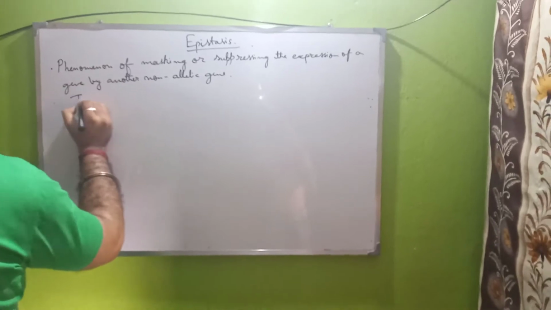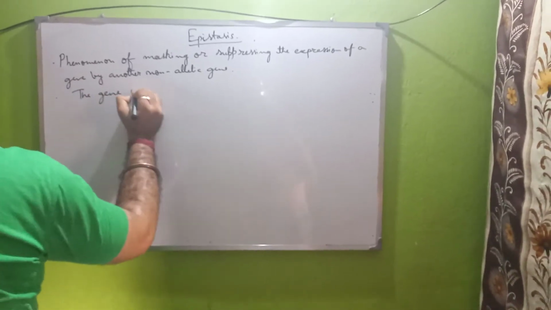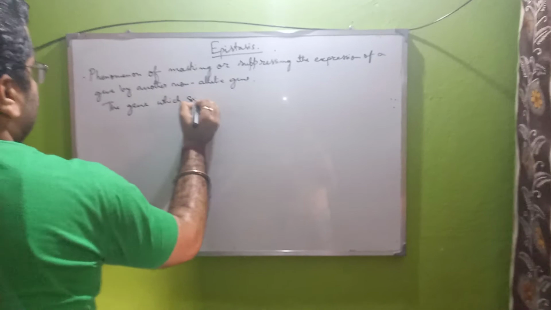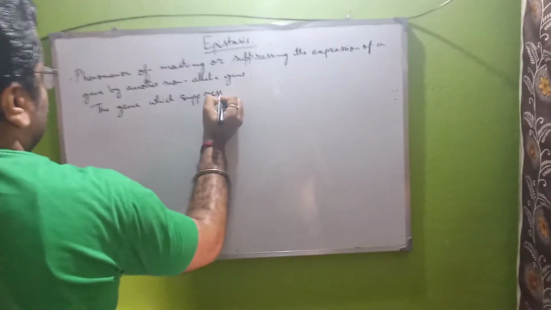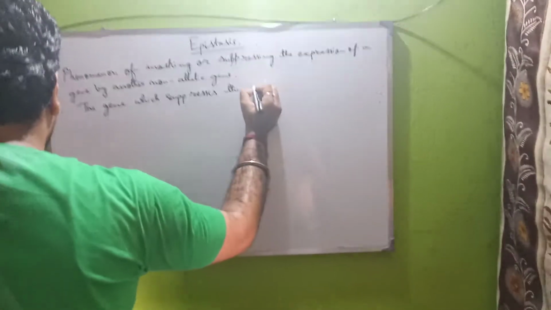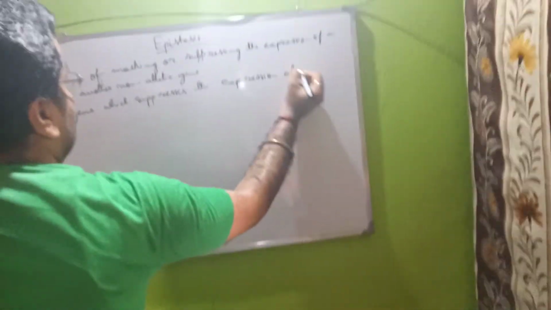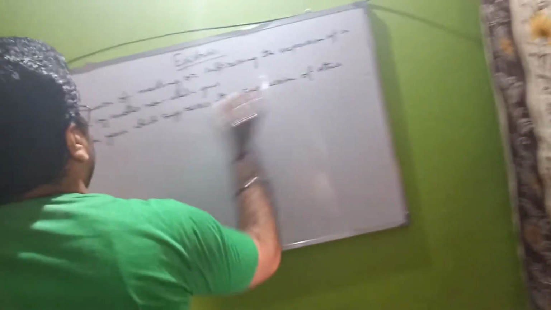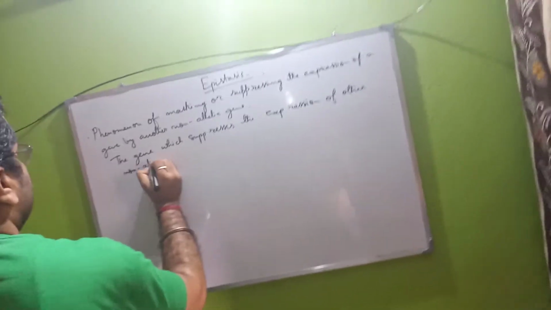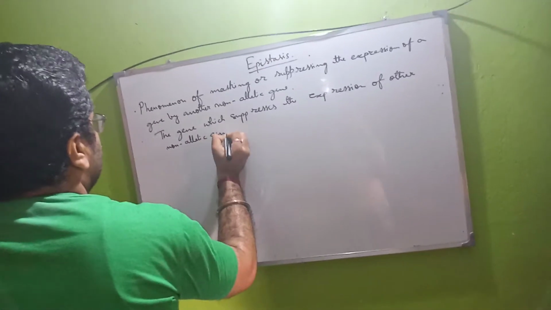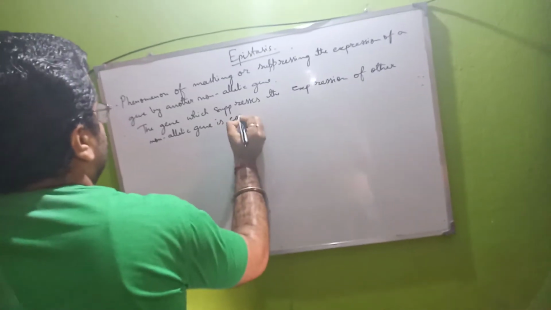Second point is the gene which suppresses the expression of other non-allelic gene is the epistatic gene.